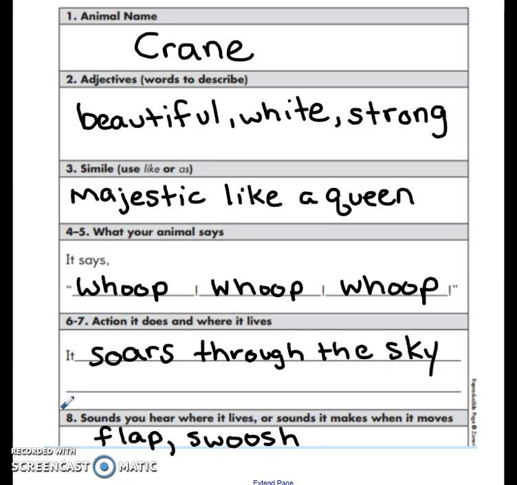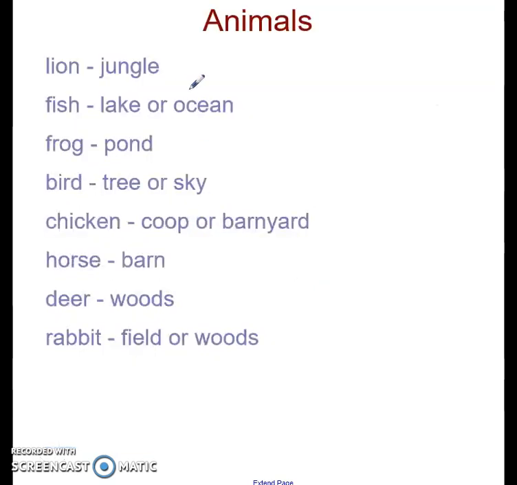You are going to create your plan now. Before you start, here are some animals you might want to consider, or these might just give you some ideas of what you might be able to write about.